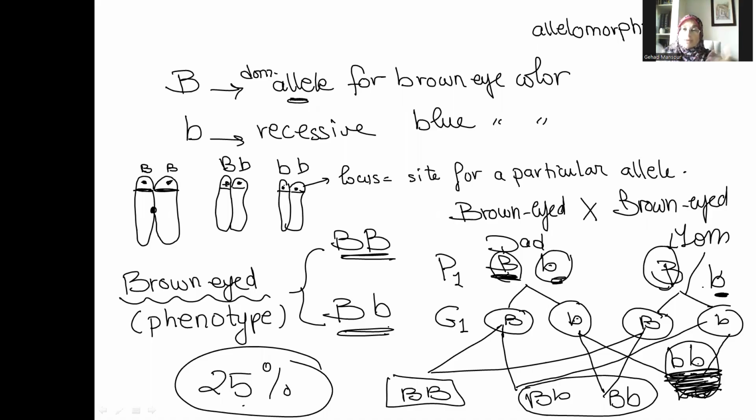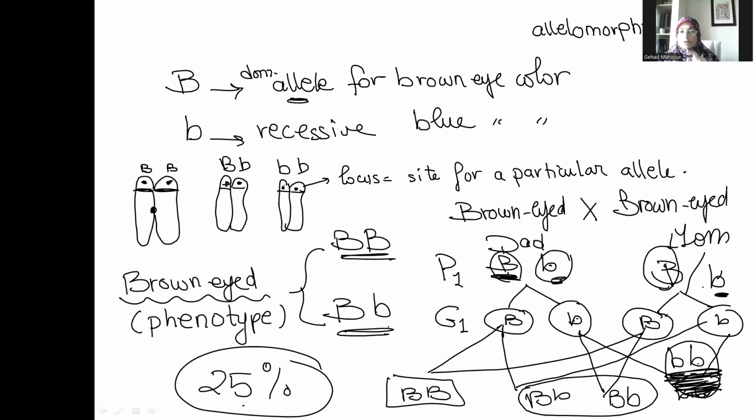But the more children they have, for example 12 kids, there is a greater possibility that you could see 3 out of these 12 with blue eyes. So the larger the sample is, the more likely the probability can be seen. The probability is 25%, but this does not guarantee that for every 4 kids you will definitely have 1 kid with blue eyes. You can see this when the sample is large.